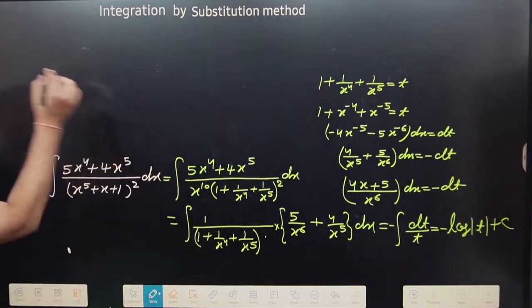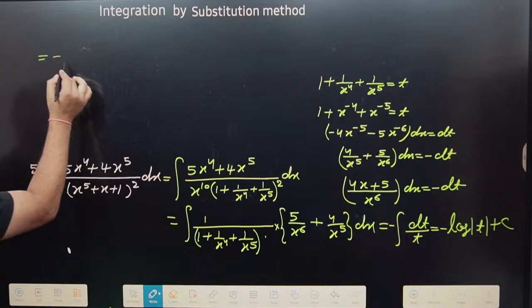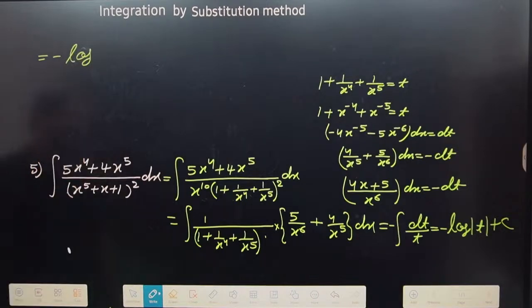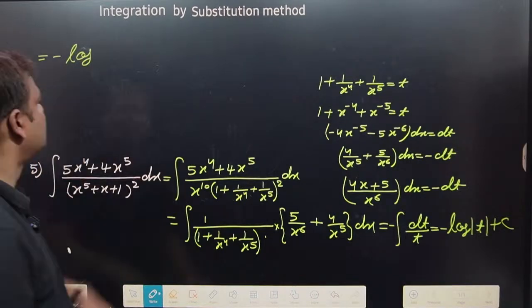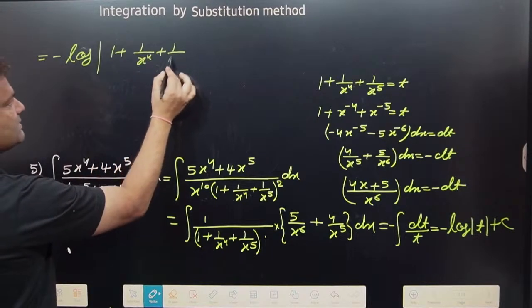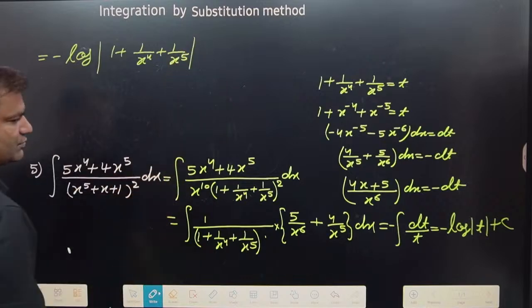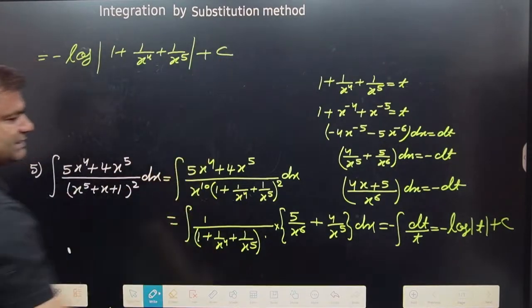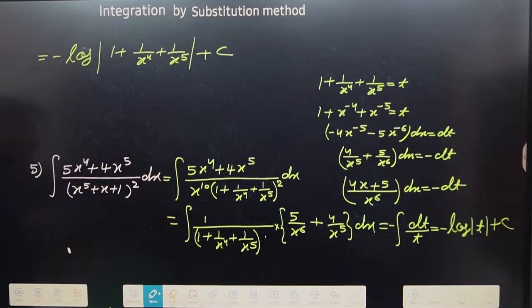So you can say that minus of log of t, basically 1 plus 1 upon x to power 4 plus 1 upon x to power 5, plus c is the right answer. This is the final answer.